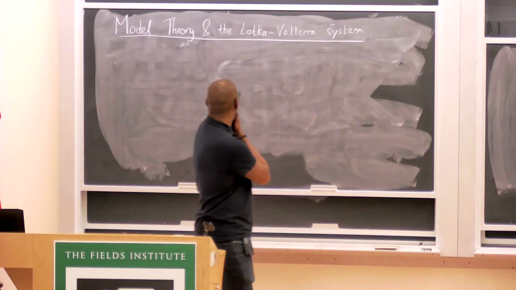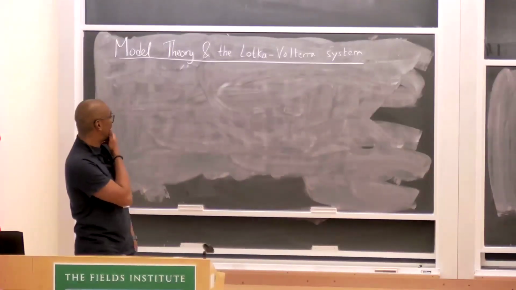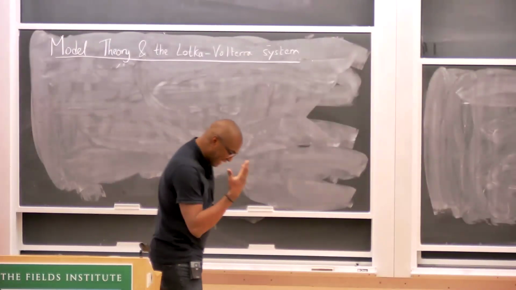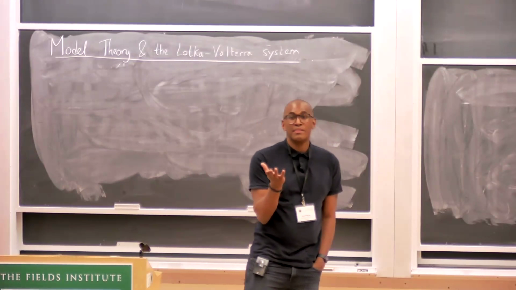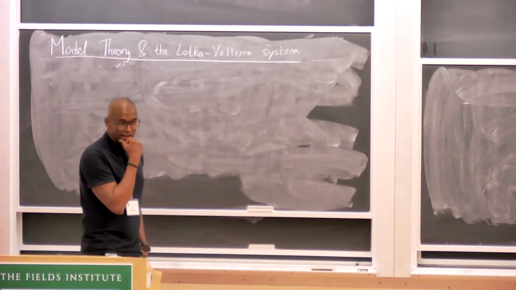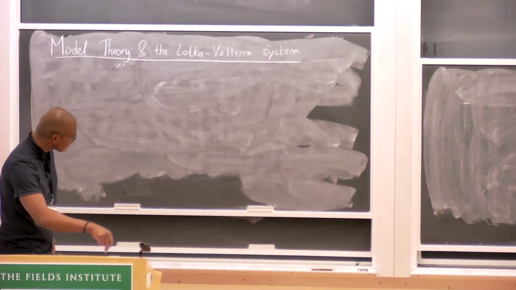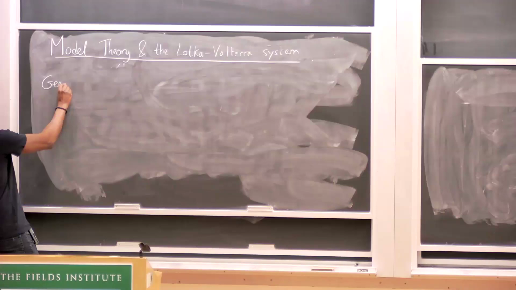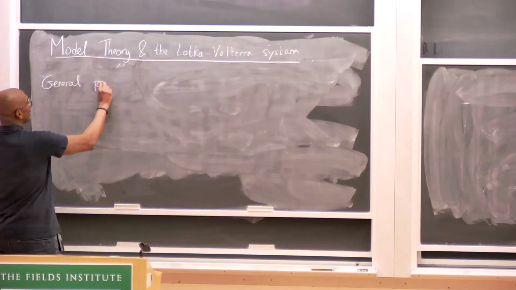As the title suggests, today I'll be looking at the Lotka-Volterra system and explain how one can use model theory to study this differential system. But let me just point to what is the general problem we're looking at.